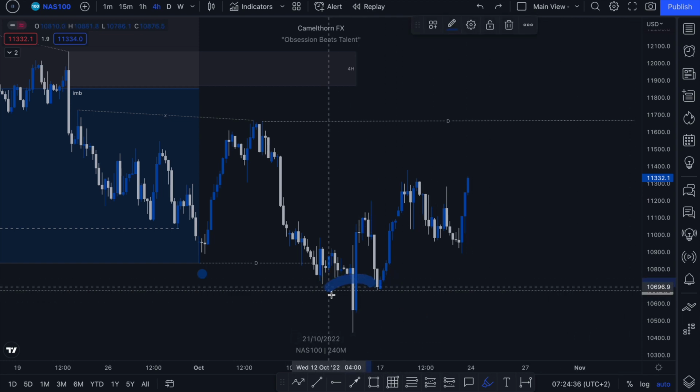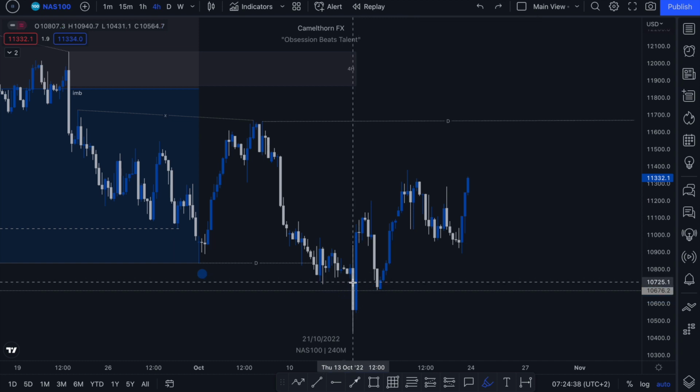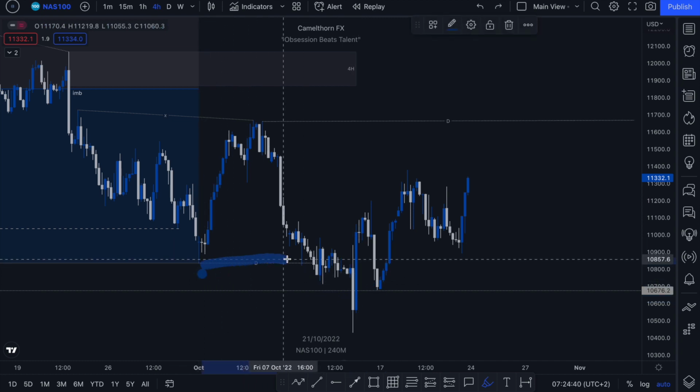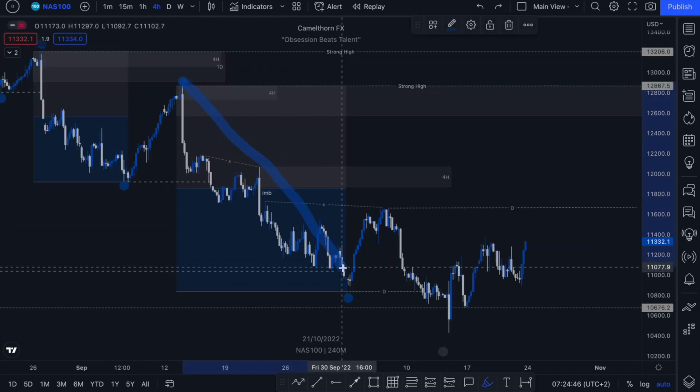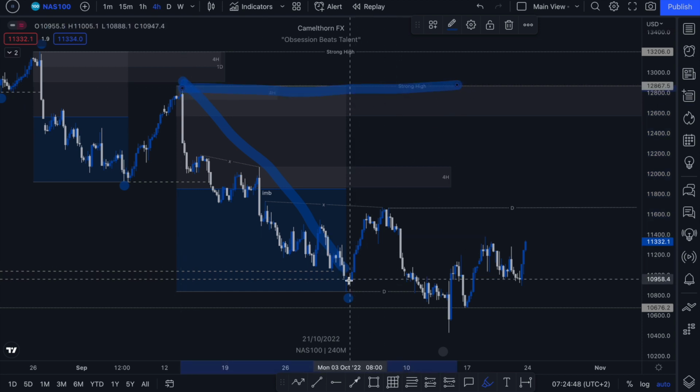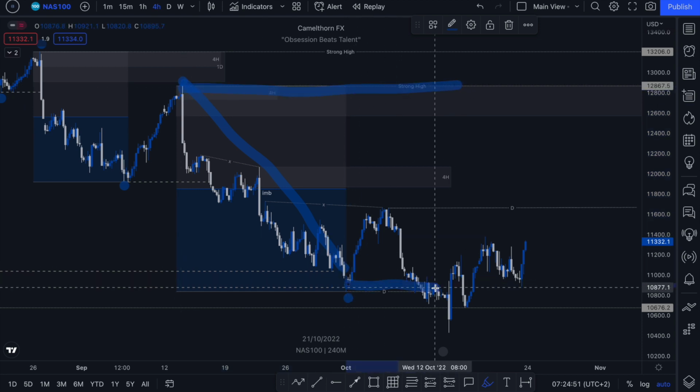Because it was rejecting this level, I wouldn't necessarily regard this as a valid break of structure to the downside in terms of this 4-hour context. I don't want to confuse you here. I want to show you an occurrence that does happen often when trading SMC.